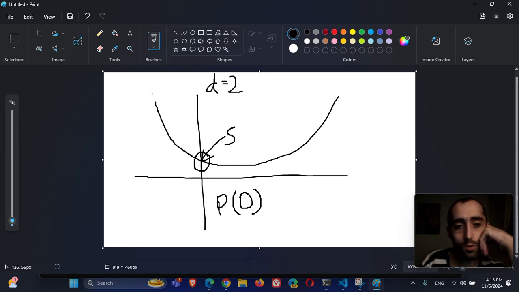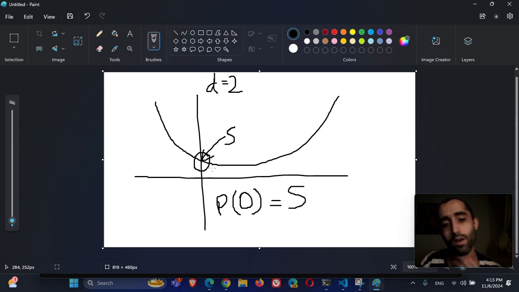So all we need to do to get the secret is reconstruct this polynomial and take the point at x equals 0. The value at x equals 0 is the secret.